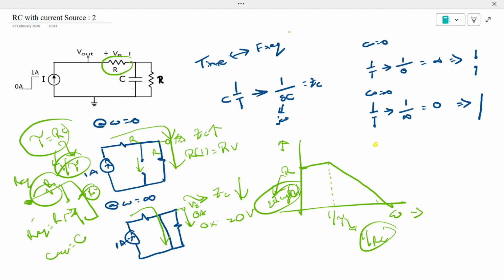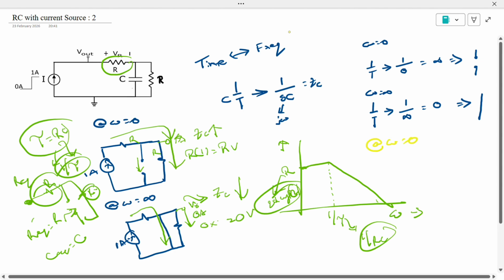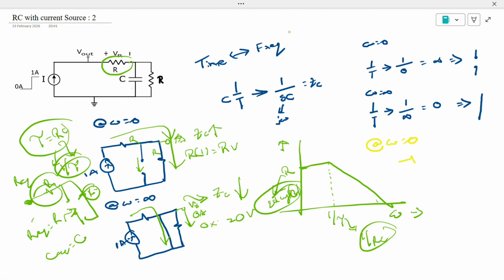Let's say for lower frequencies, what are the components that will be in the circuit? For lower frequencies, the resistor and capacitor, these are there, resistor and capacitor. The omega is equal to 0.